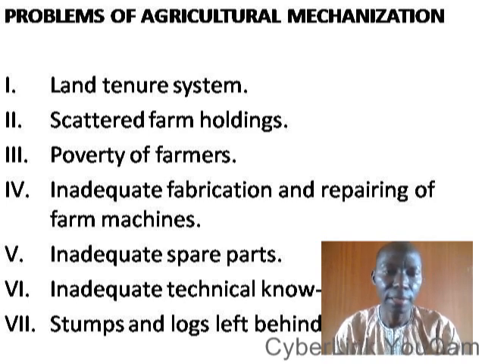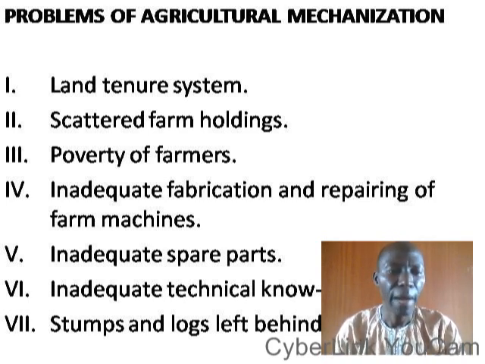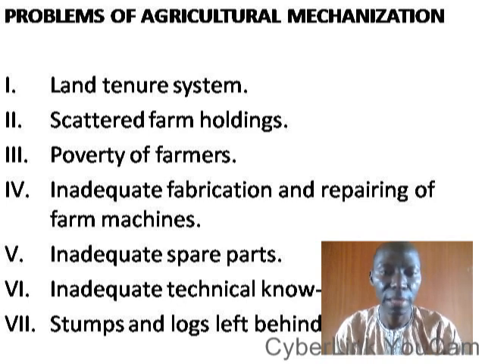Number 5, inadequate spare parts. If farm machines are bought from overseas and any part gets damaged, it is very difficult to get the spare parts to be used for replacement. Number 6, inadequate technical know-how.